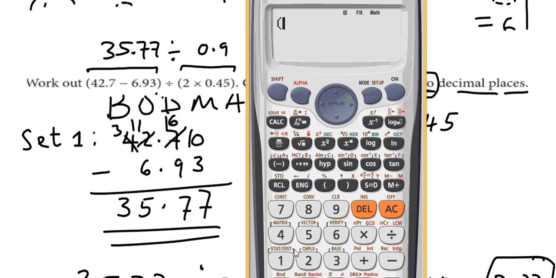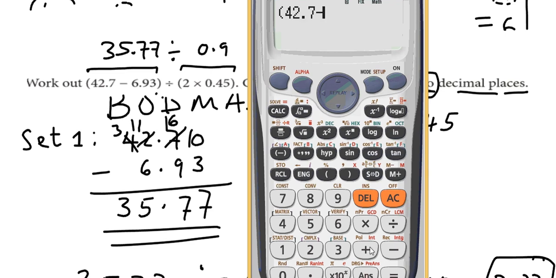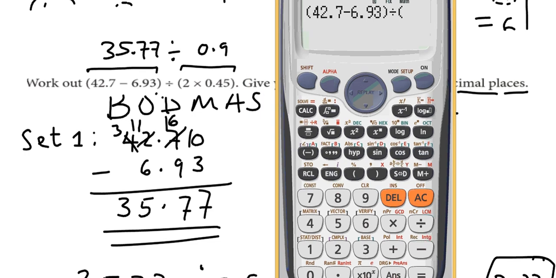We have bracket 42.7 minus 6.93, and then divide by 2 times 0.45.